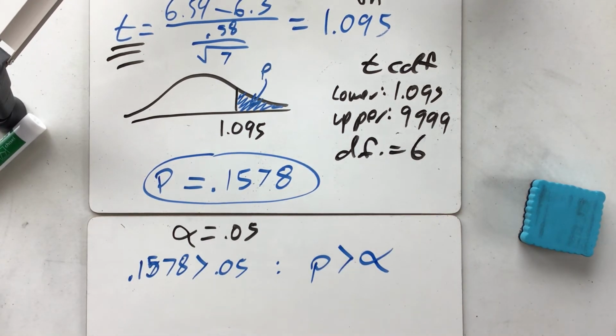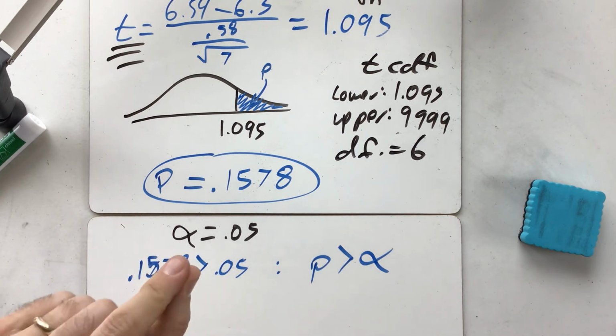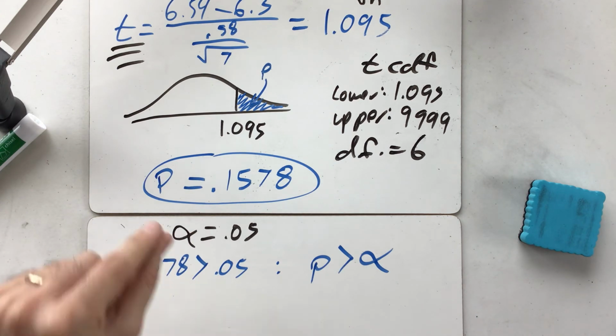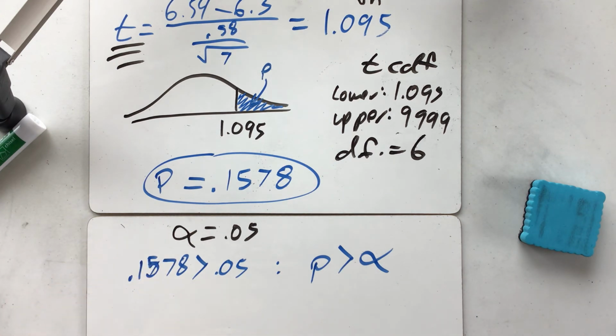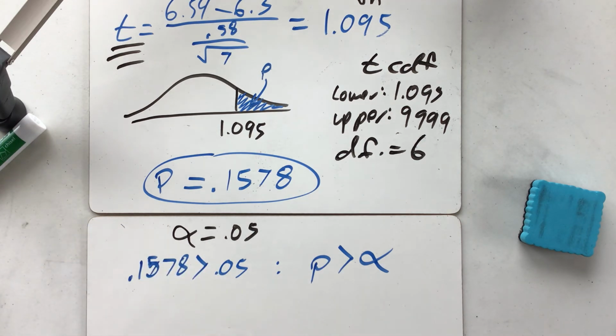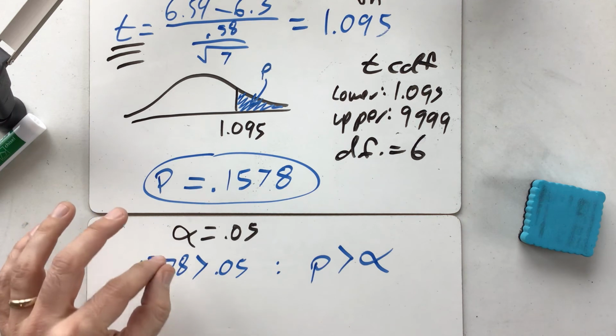So what's my conclusion? Do I reject H naught? Do I fail to reject H naught? Small p-values are good, and good means we reject H naught.